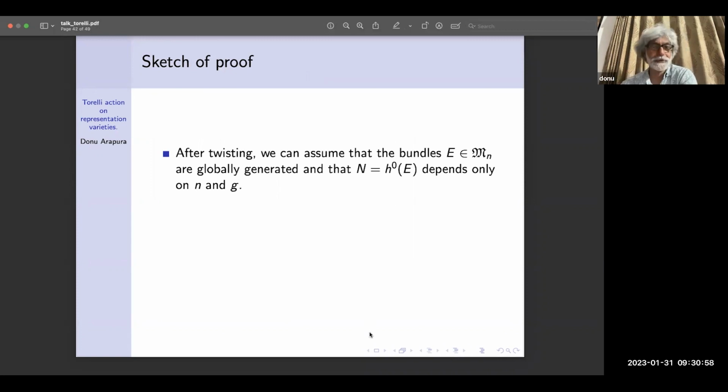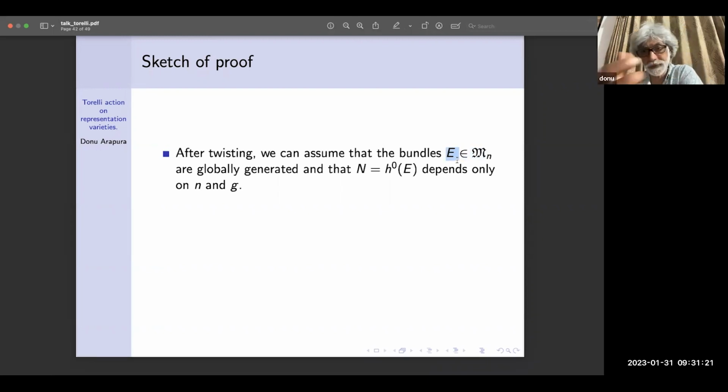So there's a standard trick in this business. If I take E, I'm abusing notation a little bit. I'm thinking of a point in here as an actual bundle on C. And it's a bundle of degree 0, but here I can use a standard trick.